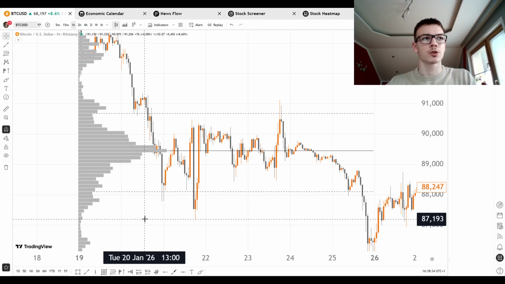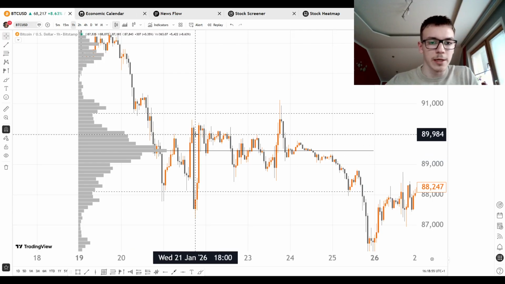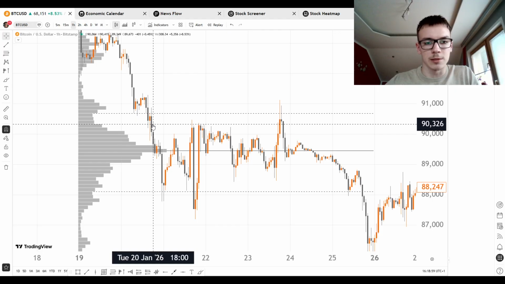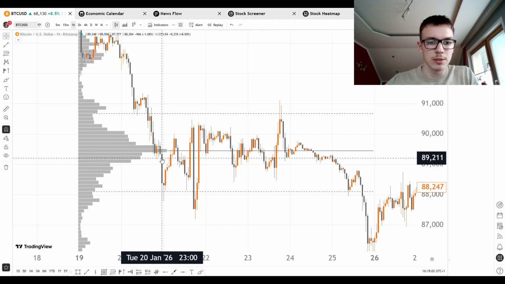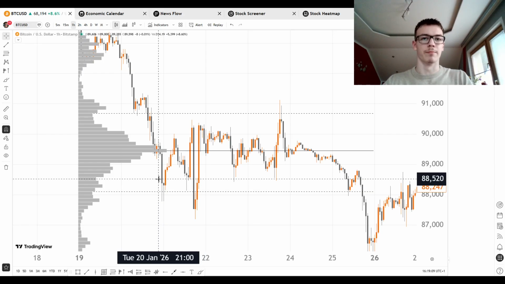And what auction basically means is accepting worse and worse prices for the sake of still getting filled. So for example here, sellers were accepting worse and worse prices, but as long as they could get into the market, it was fine with them.